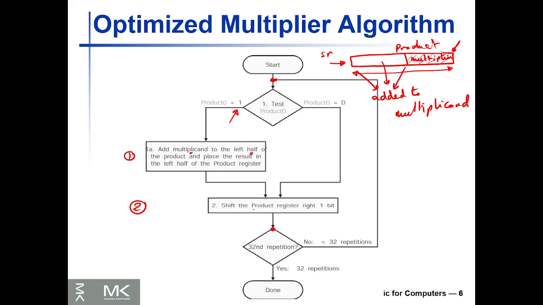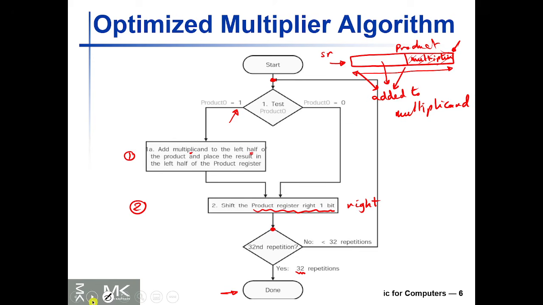Then we shift the product register right by 1 bit. Once we did this 32 times, we are done, and the result in the product register is the final result.